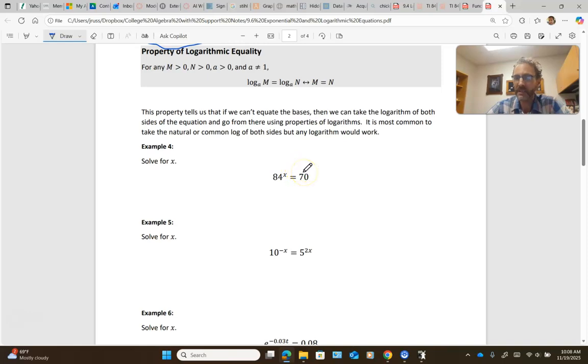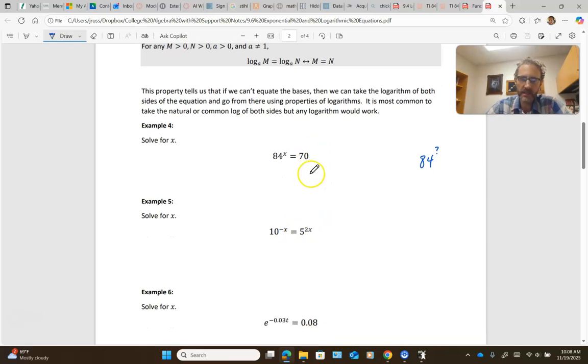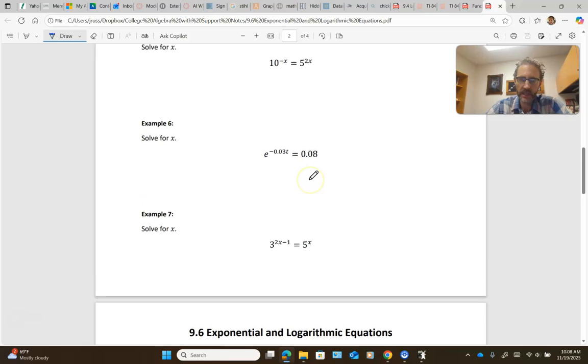Well, can I express 70 as 84 to some power? Okay. Well, no, not really. Not without using some irrational number. And so in a sense we can't really equate the bases on these next 4 examples here.